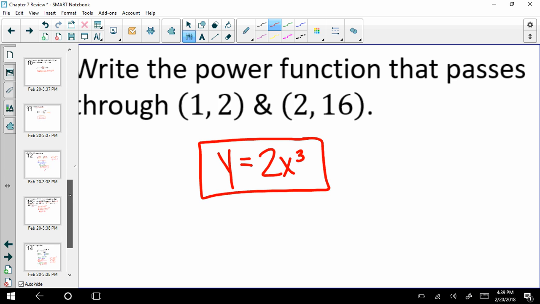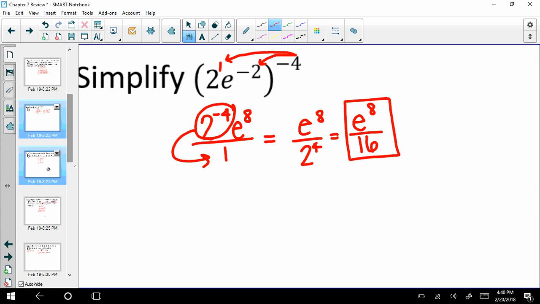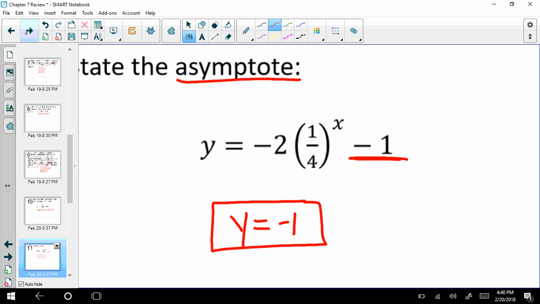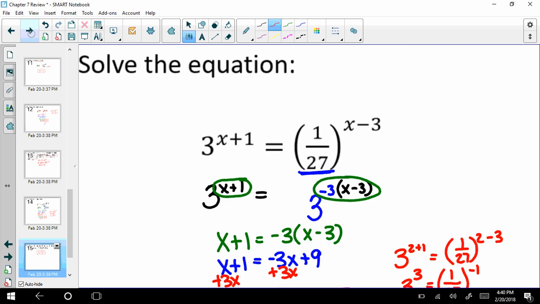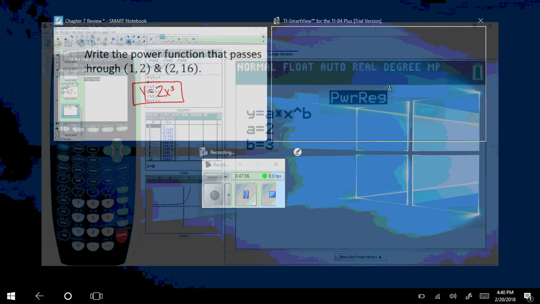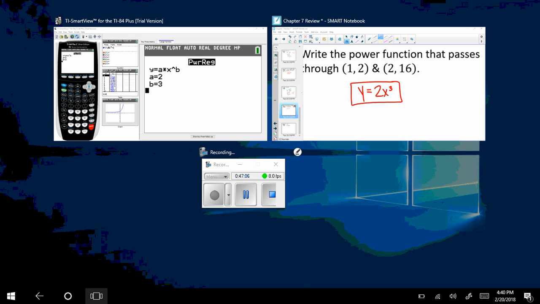And then when we did the exponential, what was that? The x was in the exponent spot. Now, it's nice because your calculator just tells you that. It shows you what the equation should look like each time. So here, it showed us what the power function looked like. So you knew where x was and what to plug in for A and what to plug in for B. All right.